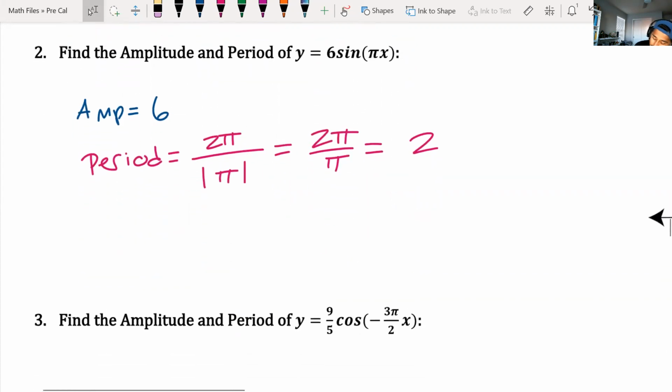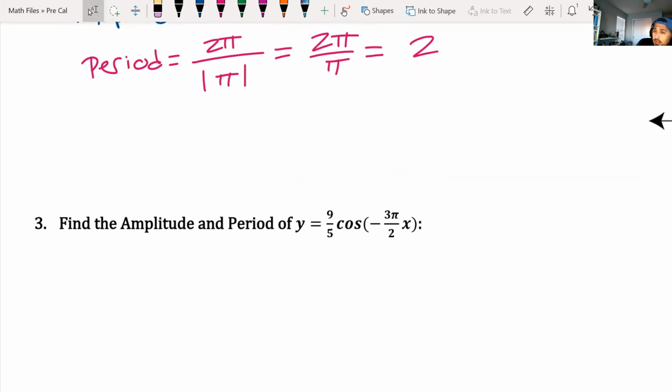All right. Number 3. Find the amplitude and period. We have 9/5 cosine of negative 3 pi over 2 x. All right, what is my amplitude? 9/5.